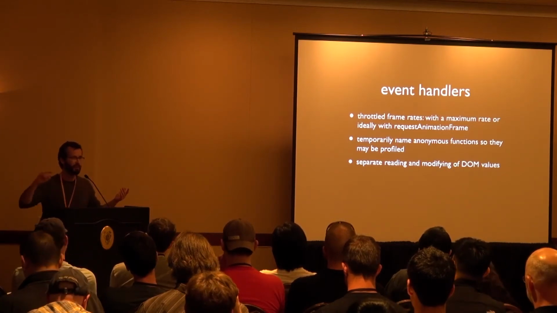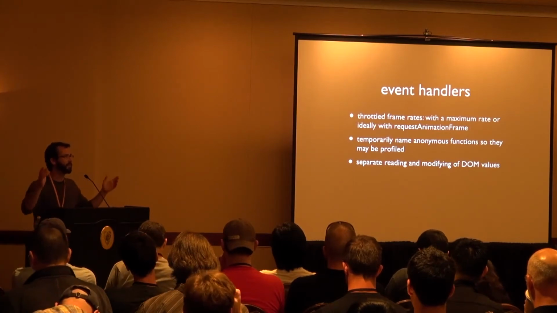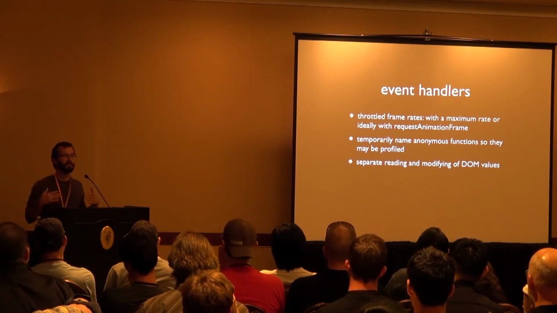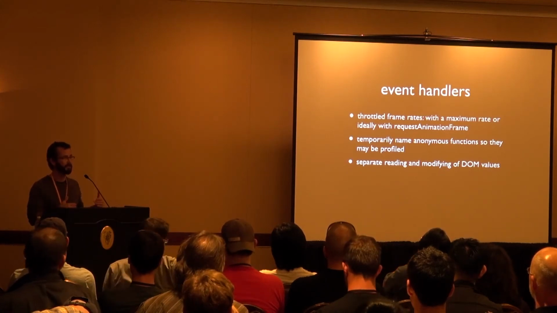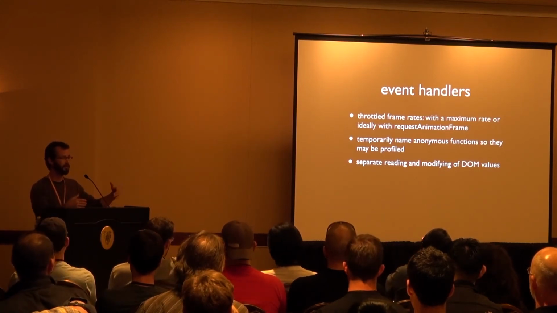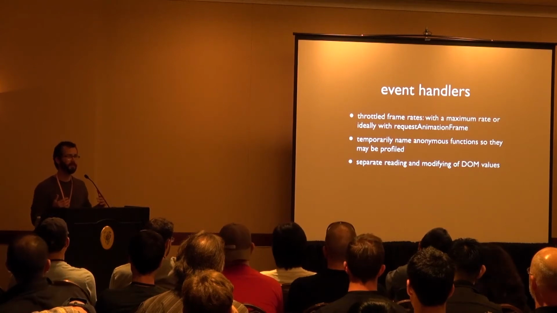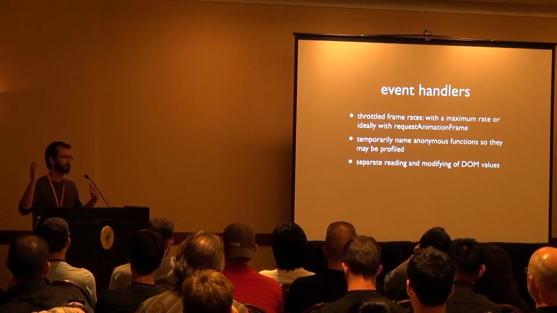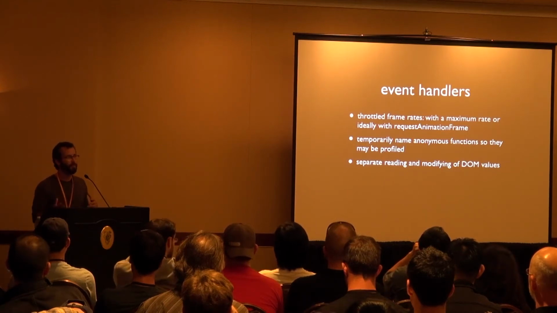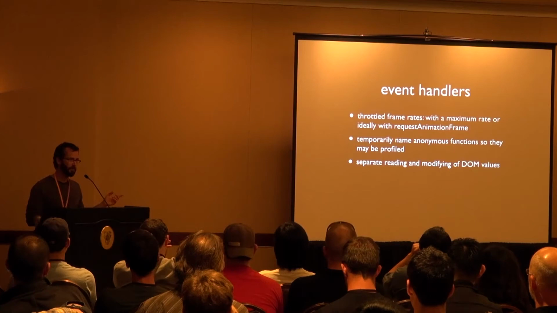Like, I've got a touch move going on, right? And what's the last moment that this happened? Am I 17 milliseconds past that right now? If I am past that, I'm going to go ahead and move forward with the rest of the event handler. If I'm not past that, I'm just going to return out of the function, right? And wait for the next move, right? That's the cheap way of doing throttling.